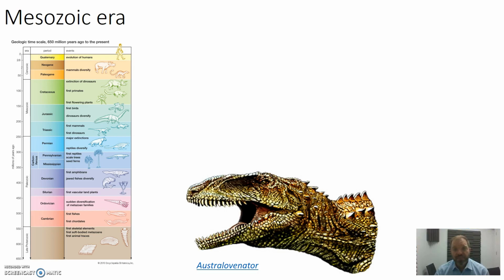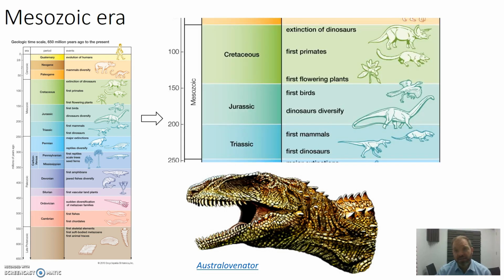One of the most famous periods, of course, is the Mesozoic era, which includes the Triassic, Jurassic and Cretaceous. Here we have a great example from Australia again, Australovenator, a big carnivore from the late Cretaceous. But clearly T-Rex and Stegosaurus would be prime examples from the Mesozoic era, which went for about 180 million years.